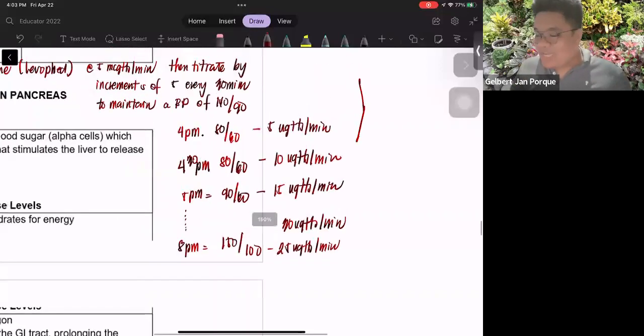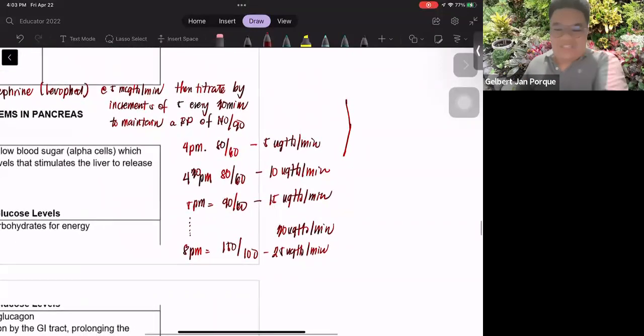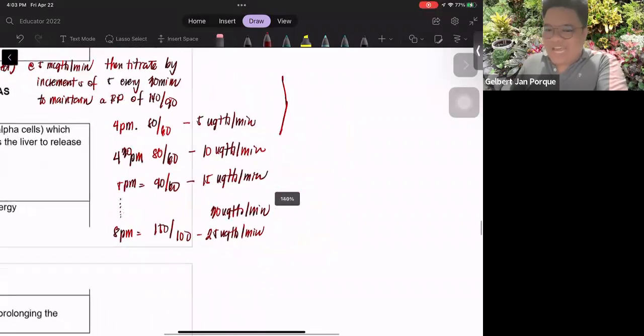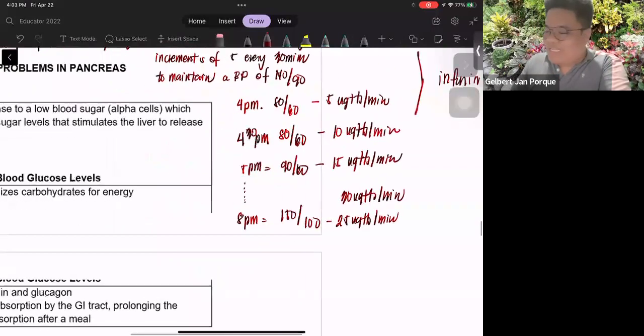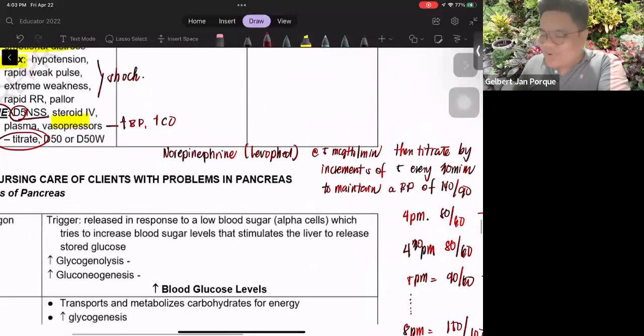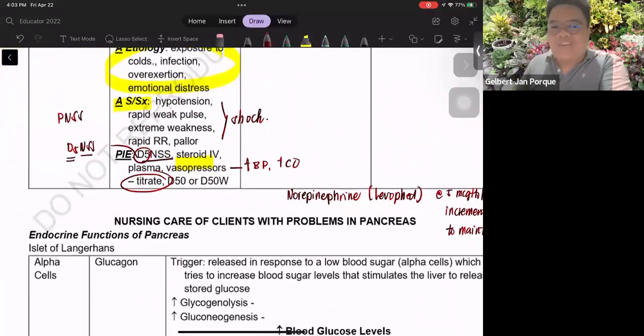You don't need to copy these one by one, I'm just demonstrating this as an example. Very good, infusion pump. That will be your infusion pump. So, for an Addisonian crisis, what equipment should you watch in the ICU? The infusion pump. Okay, you need to add your infusion pump. That's one example for titration.